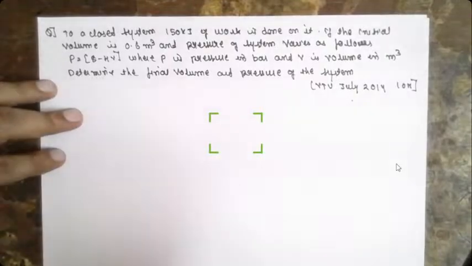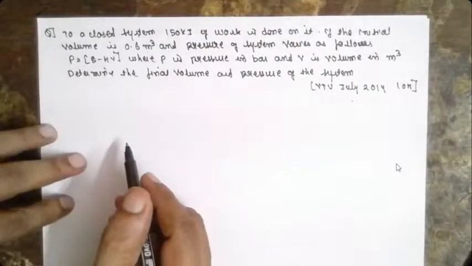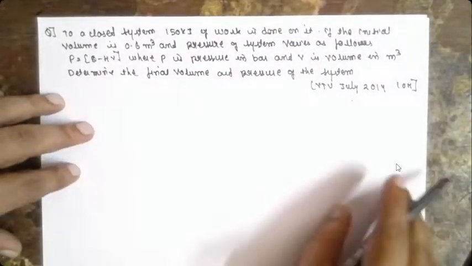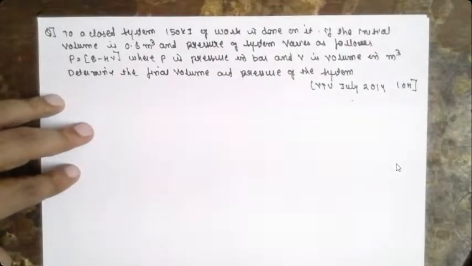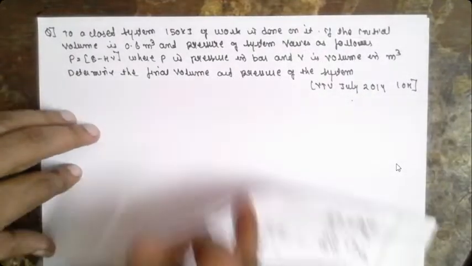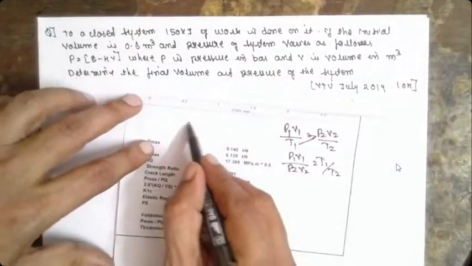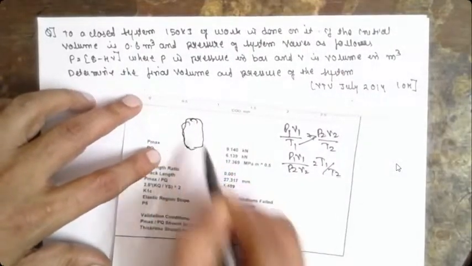For 10 marks. See here, in the normal explanation, this is nothing but system. Let us consider this as system.